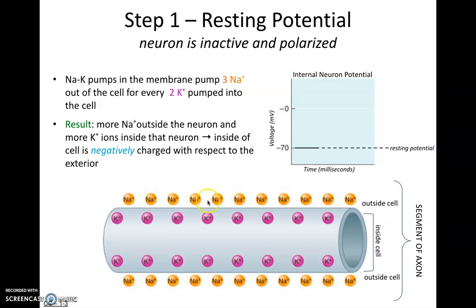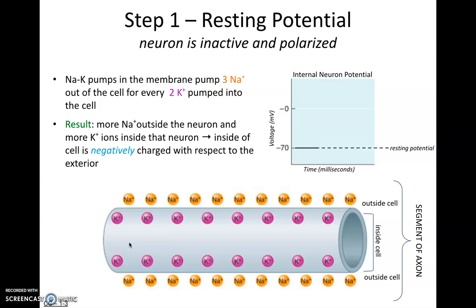That is because we have more of those positively charged ions outside of the cell compared to the inside of the cell. So again, even though they both have pluses, because there's more positively charged ions on the outside, that would make the inside negative with respect to the outside.